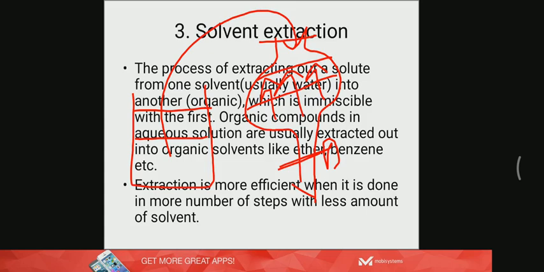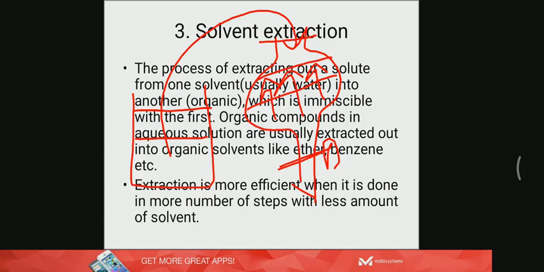Of course, you know that the extraction may not be 100%. That means the entire compound from the aqueous layer may not pass into the organic layer in one attempt. The aqueous layer may still contain some unextracted compound. So you have to repeat this procedure.